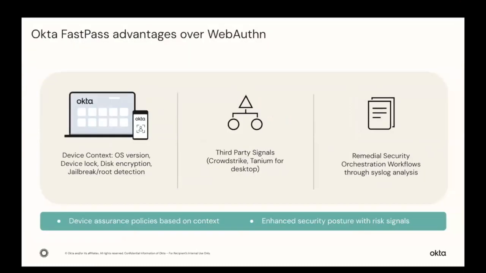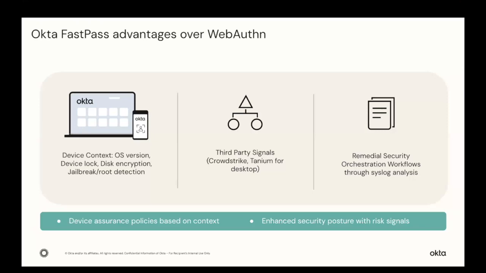FastPass also provides some advantages over web authn. Specifically, the device context that's available through FastPass, including out-of-the-box device signals such as operating system version, device lock status, disk encryption status, jailbreak status, etc. In addition, you can integrate third-party integrations to provide additional device signals through things like CrowdStrike, Windows Security Center, etc. All of that device context is not just used during the authentication flows, it's also logged in the syslog entries for each authentication request.